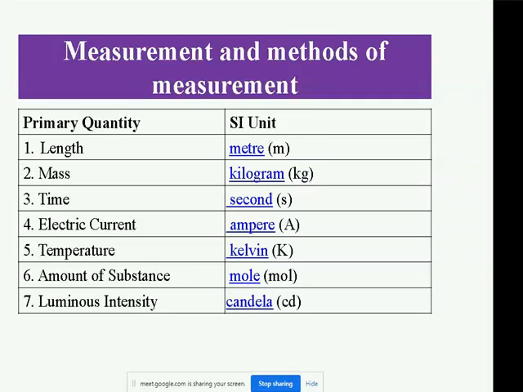Using these 7 primary quantities, we can derive any physical quantity, which are known as secondary quantities, and length, mass, and time are basically known as primary quantities. Here we will discuss the SI unit, because SI is universally accepted, that is the international system of measurement, the international standard.